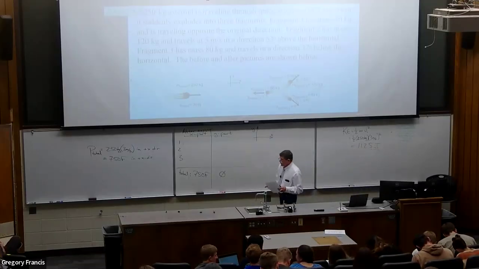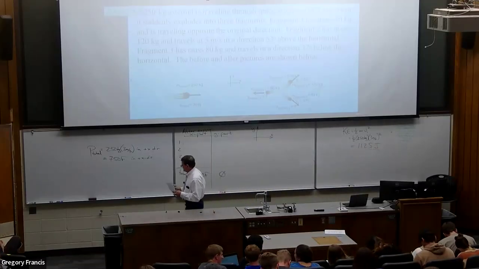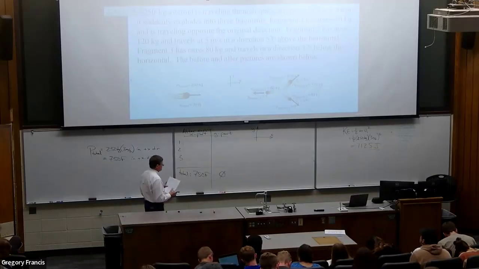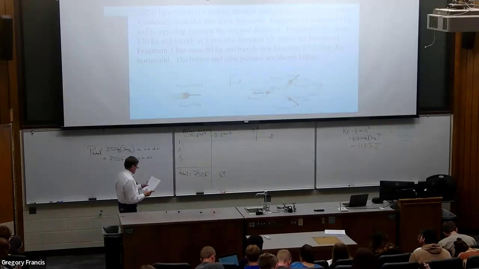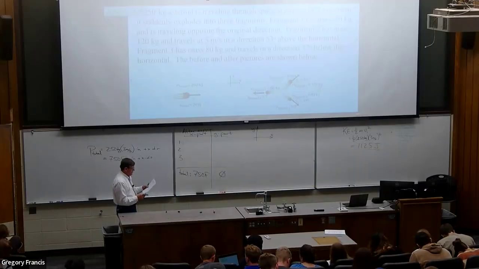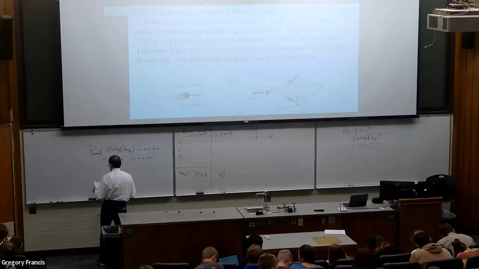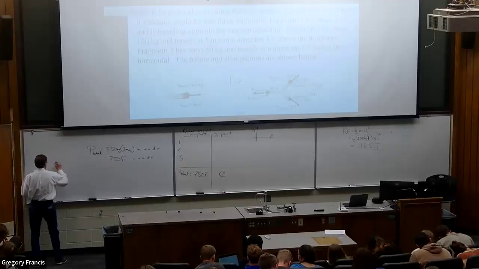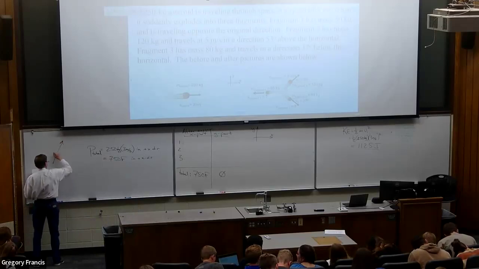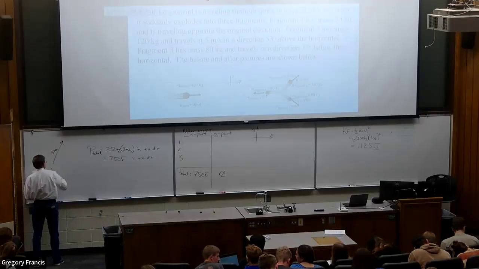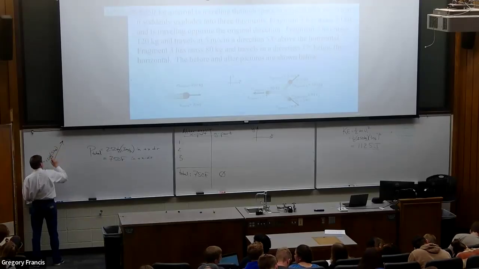Okay. Well, now let's go back to the real part of the problem. And that is part C, the X and Y components of fragment 2's momentum after the collision. Well, I know that its velocity is 5 meters per second and its mass is 120 kilograms.